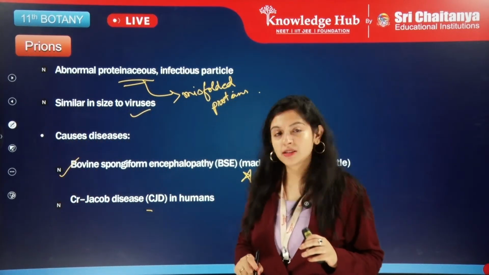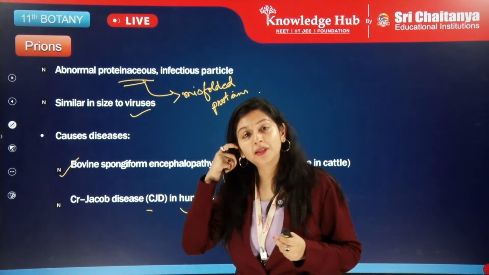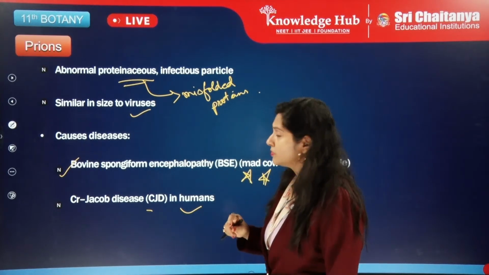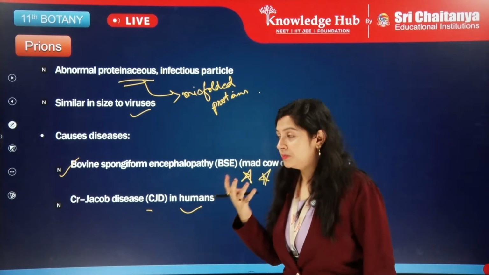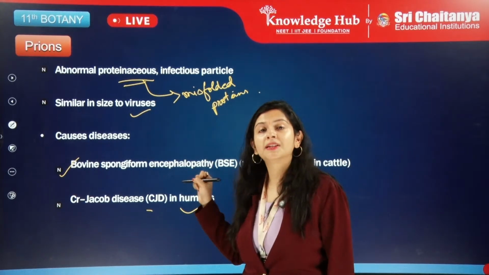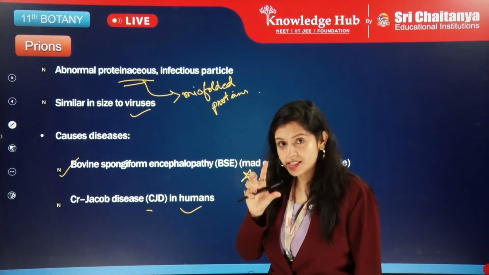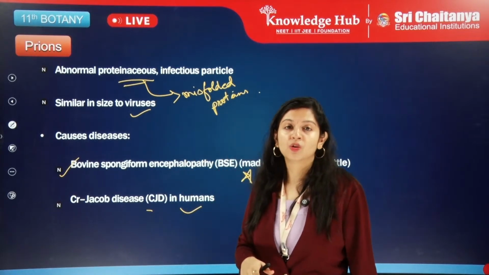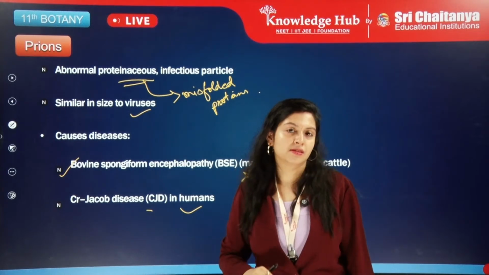One more disease, Creutzfeldt-Jakob disease in humans, is also caused by the prions. There are certain misfolded proteins. So how was it found? Some people had eaten the brains of cattle. In those brains, these infectious misfolded proteins were present. Once it enters the human body, it causes this kind of disease.